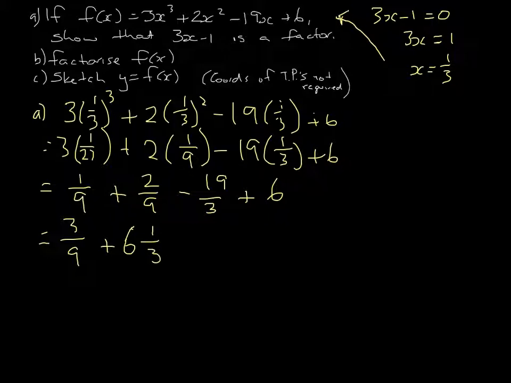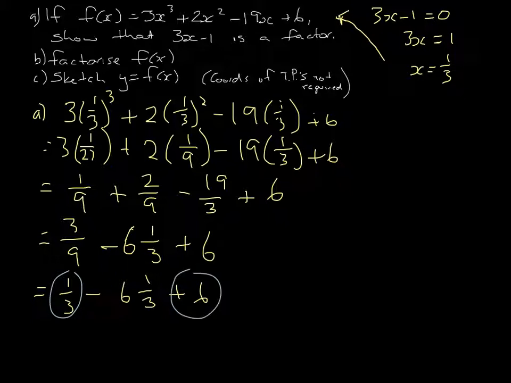And that wasn't a plus in the middle, that was a takeaway. That's where you can make silly little mistakes. 3 over 9 is equal to 1/3. So take away 6 1/3 plus 6. So the two components at either end there, 1/3 plus 6 is 6 1/3. Then we take away 6 1/3, which equals 0.